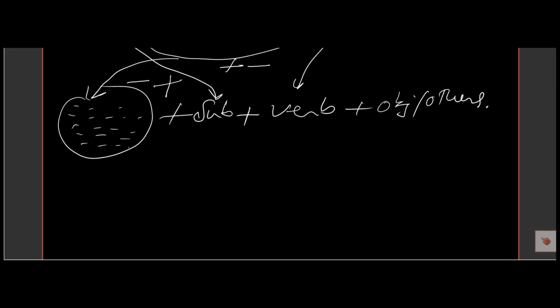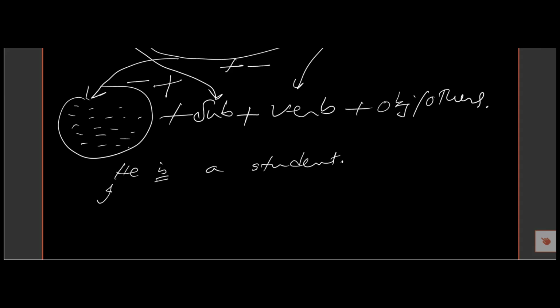Now let's see an example. He is a student. So here "is" is the main verb and also the auxiliary verb, so it comes before the subject.